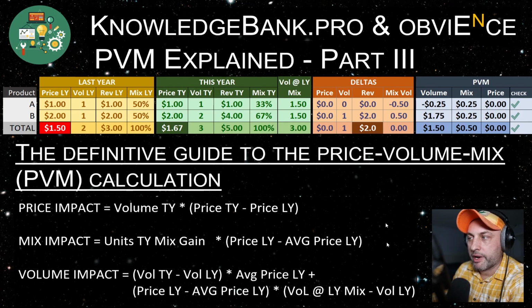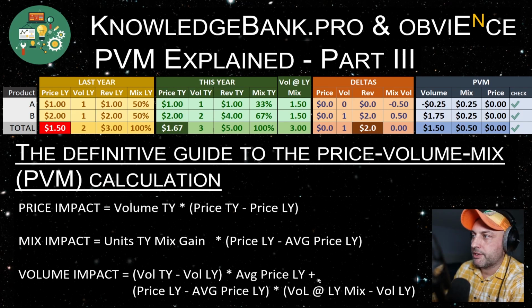So how much do you need to adjust it line item by line item so that it all totals correctly? Well, that's the second line in the volume impact. To calculate volume impact, you do the average price times the difference in volume, and then the second part is you need to deduct price last year minus average price last year, which is similar to the calculation we do in mix impact, and then you multiply it by volume at last year mix minus volume last year.